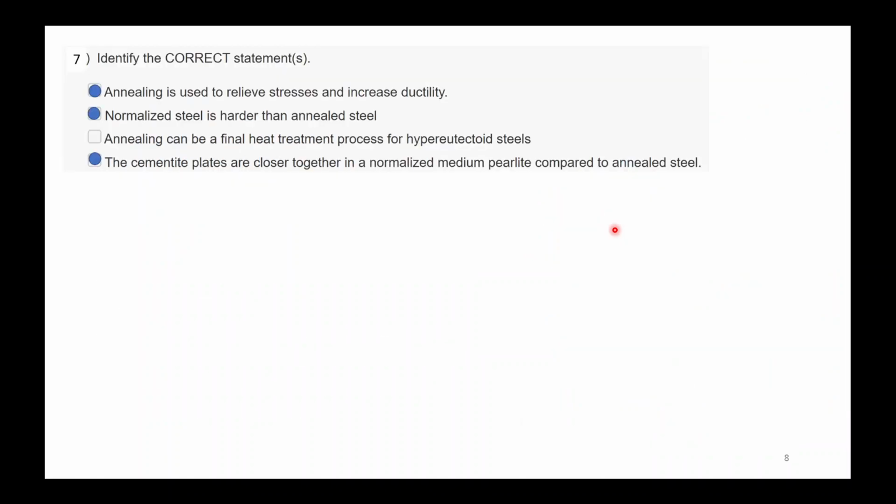Next question is, you have to identify the correct statements. So these are related to annealing and normalizing. So first question is, Sanjeet, can you mute please? Sanjeet?